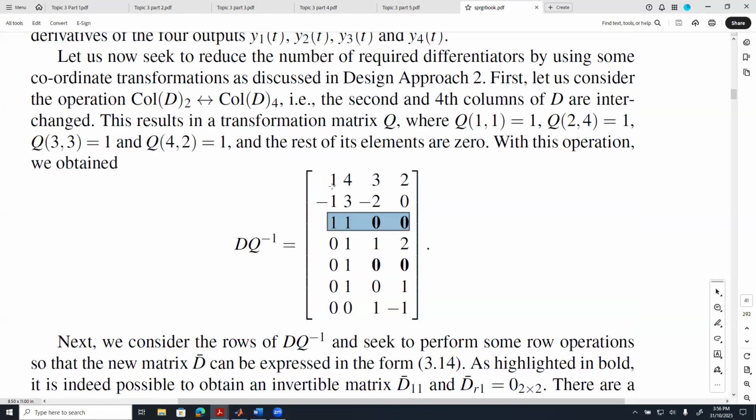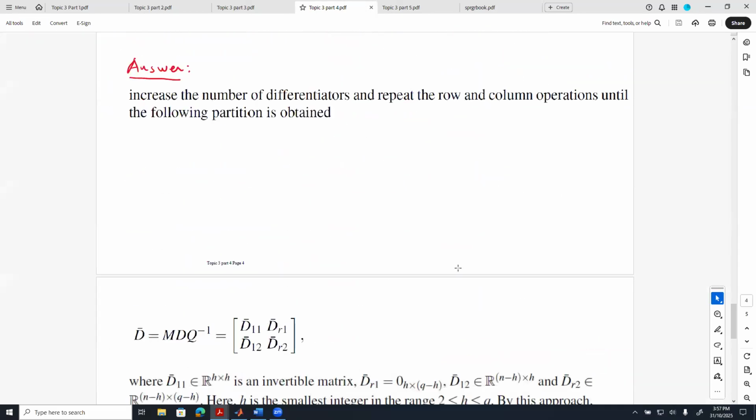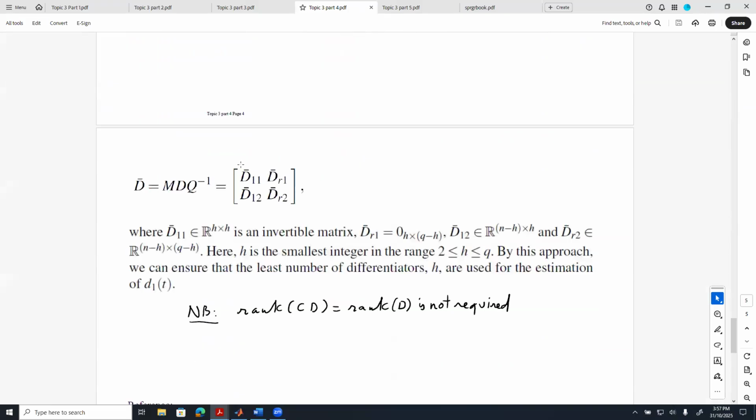And there are many other combinations that we can do. We can basically rearrange them. The ultimate thing that we aim to do is to put it into this specific structure where that one must be an invertible matrix. It's a square invertible matrix. If it's a 2 output differentiator, then it will be a 2 by 2 submatrix and so on.